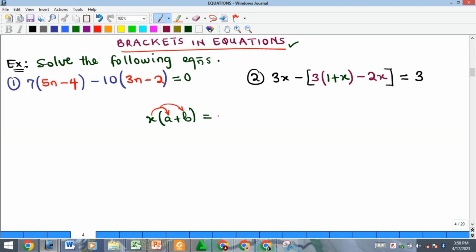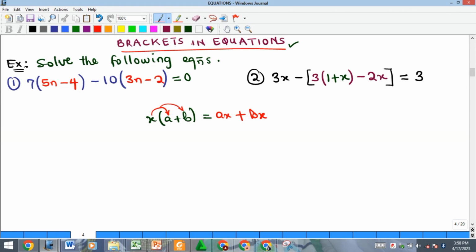Bracket means multiplication. So x times a will be ax, then you bring down your sign the way it is, and x times b will give you bx. That's what opening of brackets is all about.